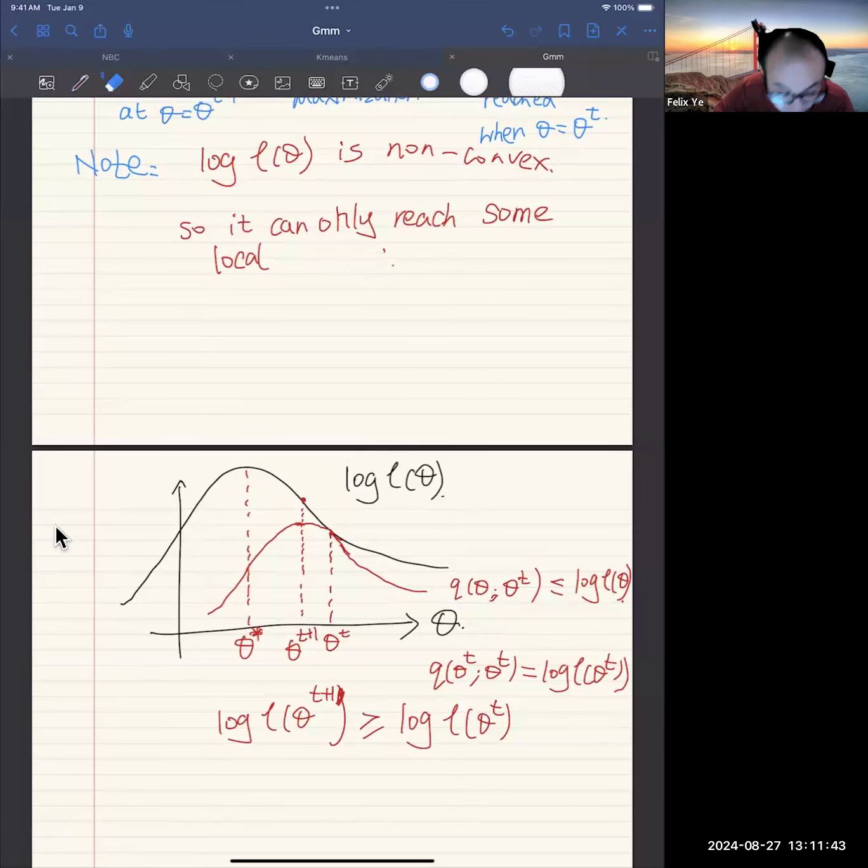We are not taking the negative, we are just taking the log likelihood, so there will be local maximums instead. Of course, the global maximum is not guaranteed in general, we can only reach the local maximums.